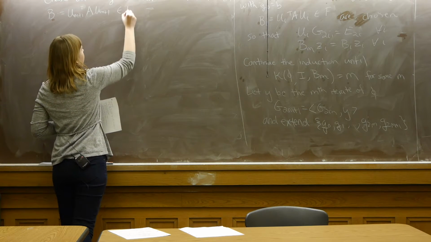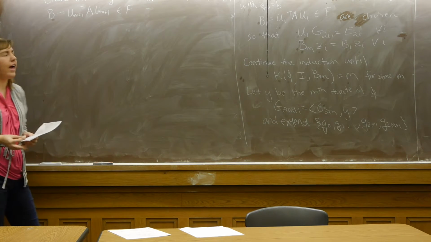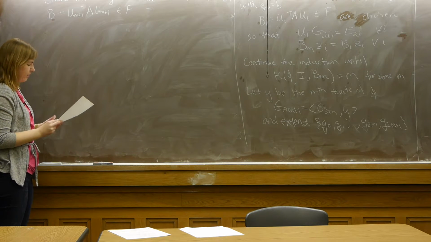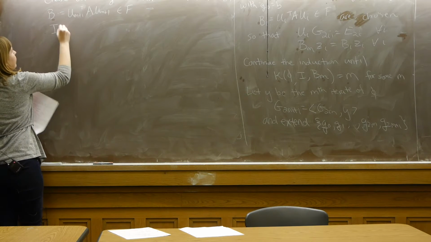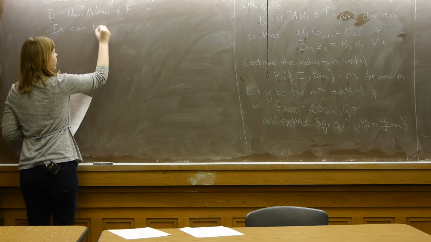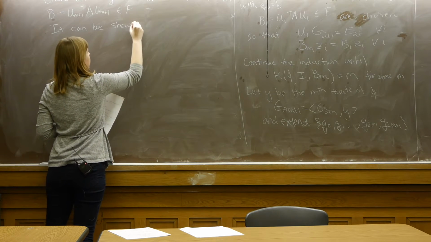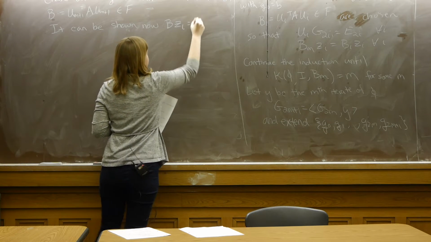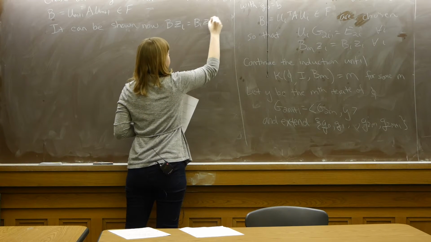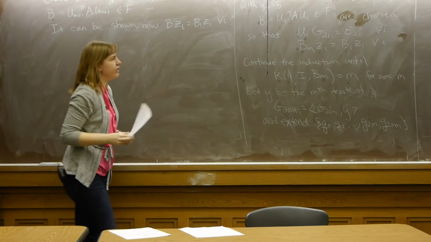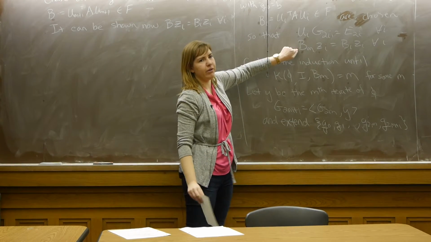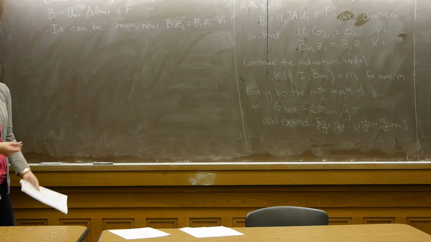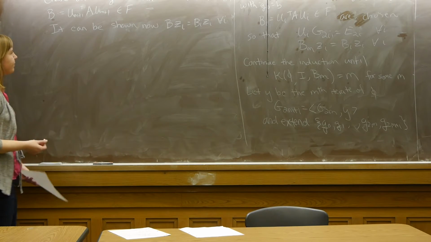Again, B is in our class F since UM plus 1 is orthogonal. So it can be shown now that B ZI is equal to BI ZI, which is, again, the equivalent statement of what we had before. This follows at each step by induction. I'm just not going through the details.